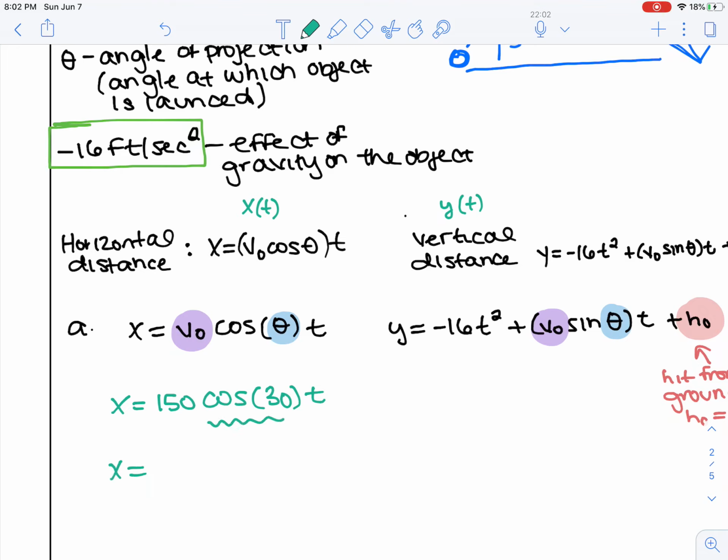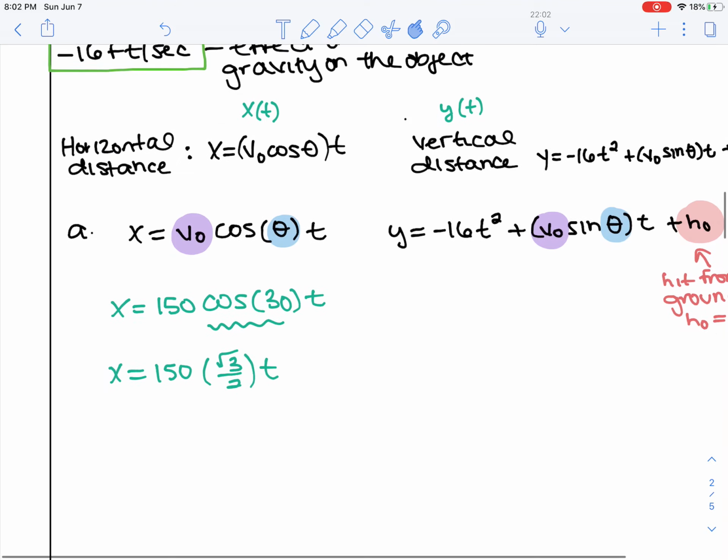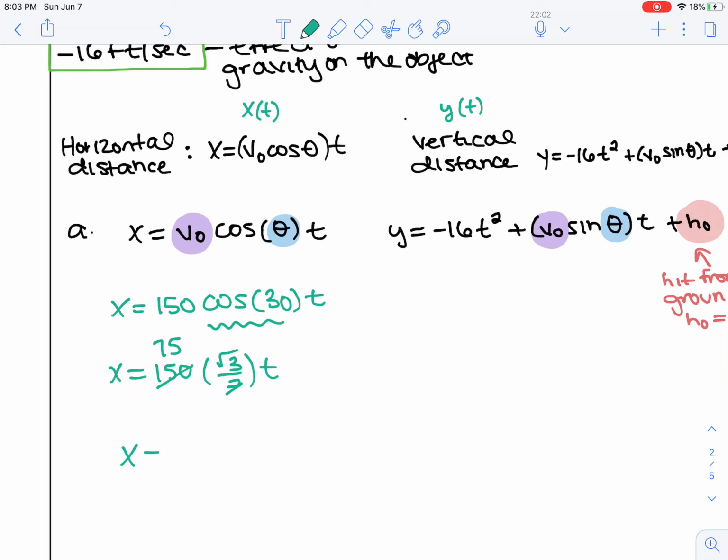We know at this point that cosine of 30 degrees is square root of 3 over 2, and then we still have that times t. And that can simplify a bit, right? We can divide 2 into 150 to get 75. So we're left with the parametric equation x equals 75 square root of 3 times t.